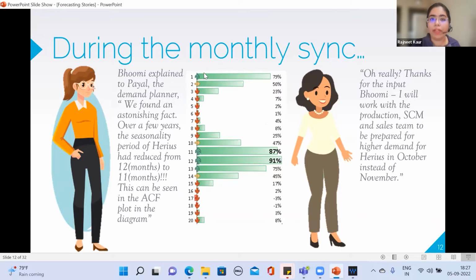So by the time I come from 1 to 12, I'm not just taking into account the relation between 0 and 12 or 1 and 12. There is also some impact of each of the n plus 2, n plus 3, n plus 4. So to remove the impact of all of these, there is a PACF plot we create.